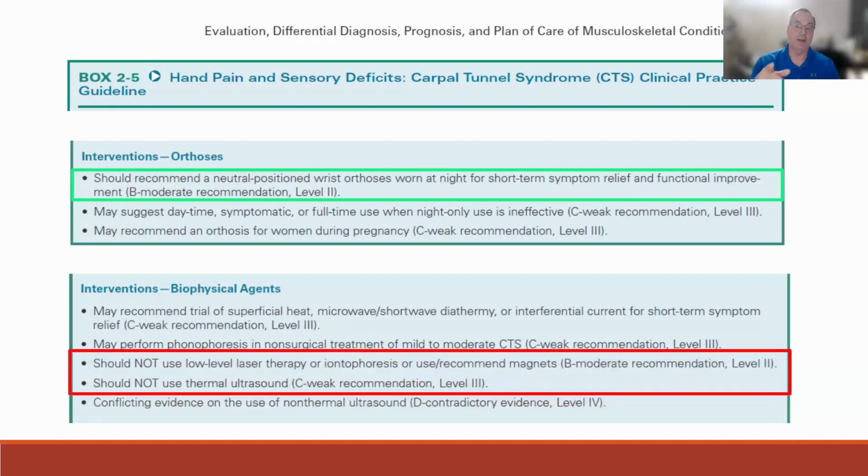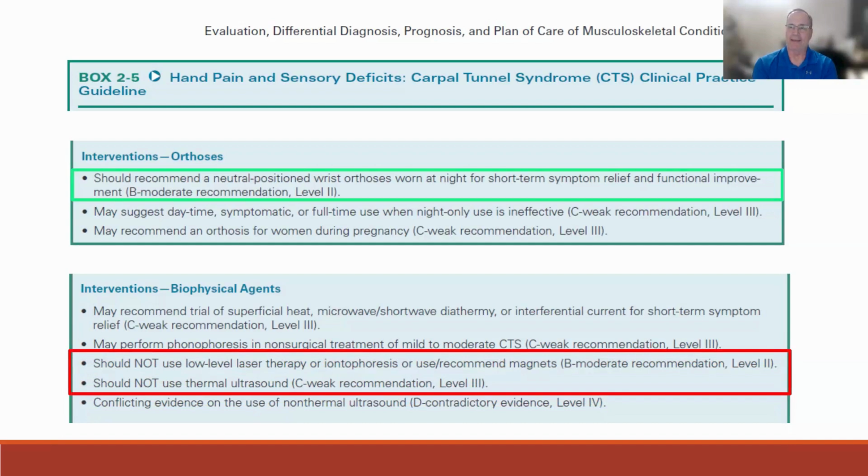Similarly, if we take a look at some of the other answers that were part of that question, there's actually evidence against using things like iontophoresis or ultrasound.